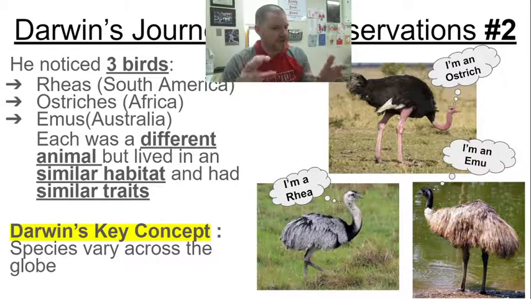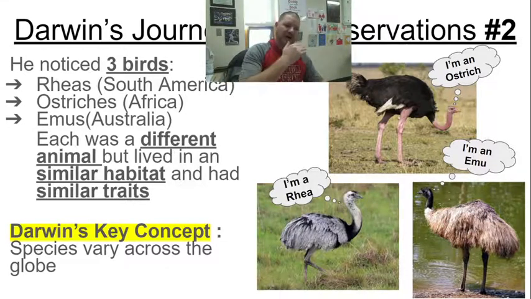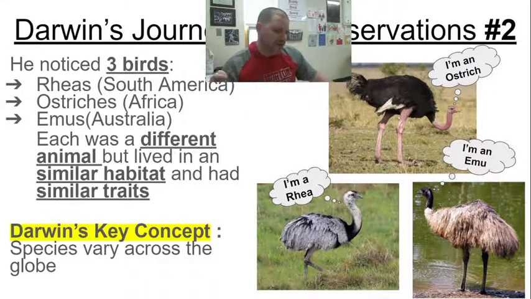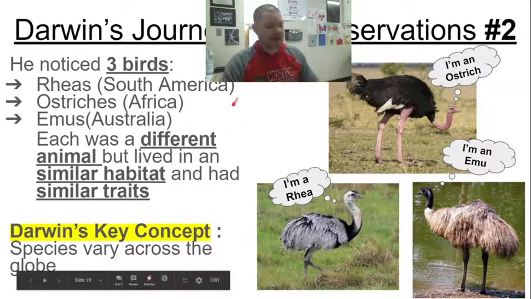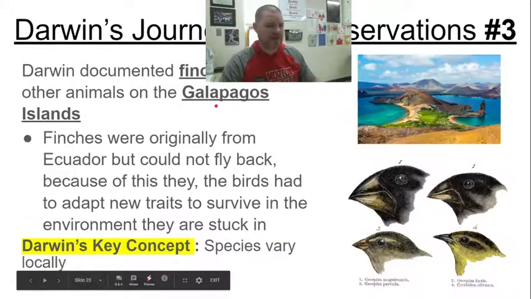And if they live in a similar habitat, those traits that are just better are going to naturally come into existence. So the fact that things vary globally but still have a little bit of similarity is a second key concept that he came up with for his theory of natural selection.